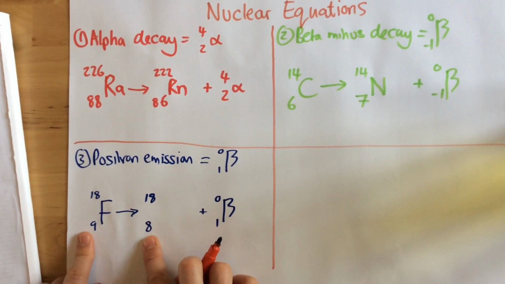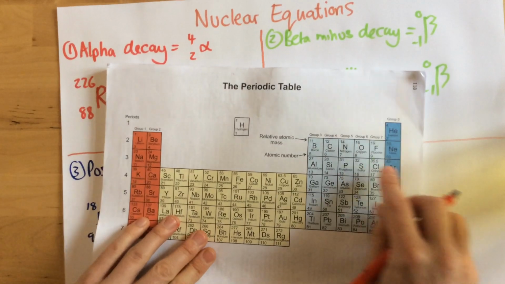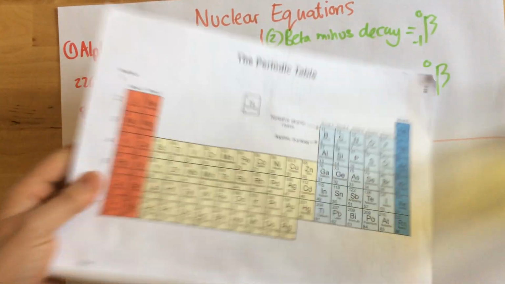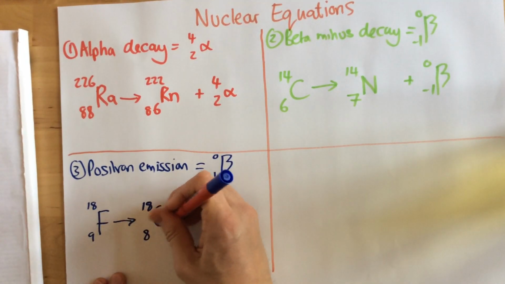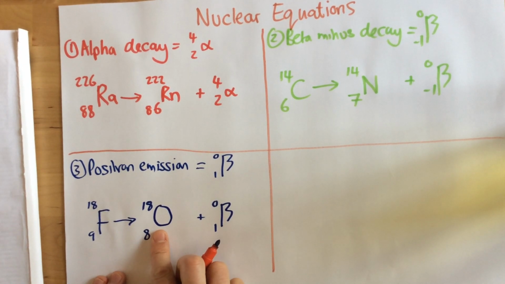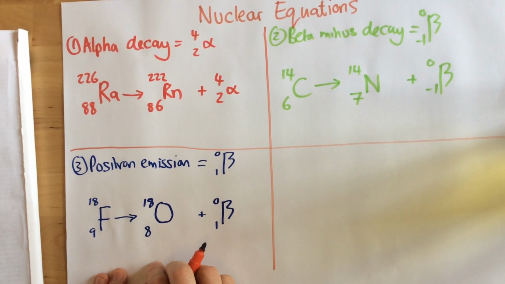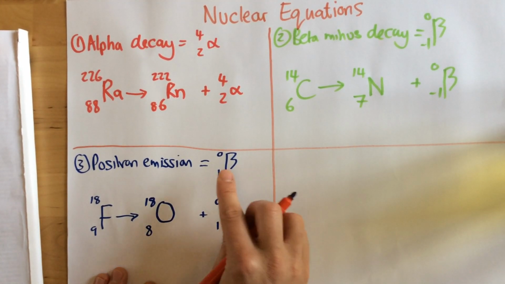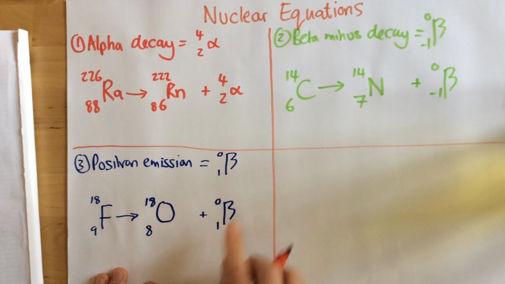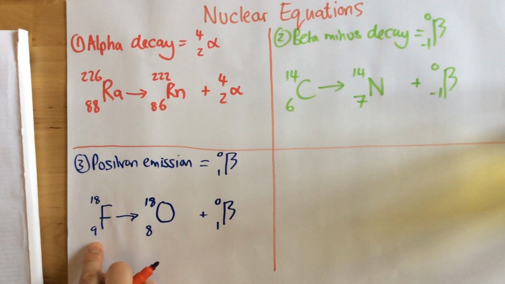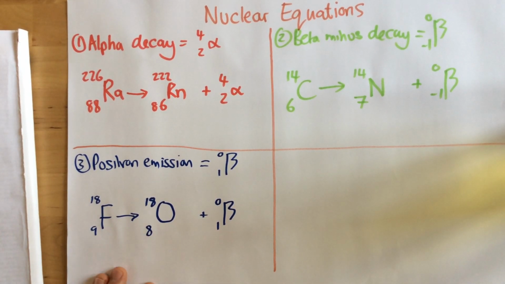Again, my atomic number has changed, so I'm going to have a look on here what 8 is. It's oxygen. So we formed an isotope of oxygen. In positron emission, a proton changes into a neutron and a positron. This is why the atomic number decreases by 1, because it has 1 less proton.